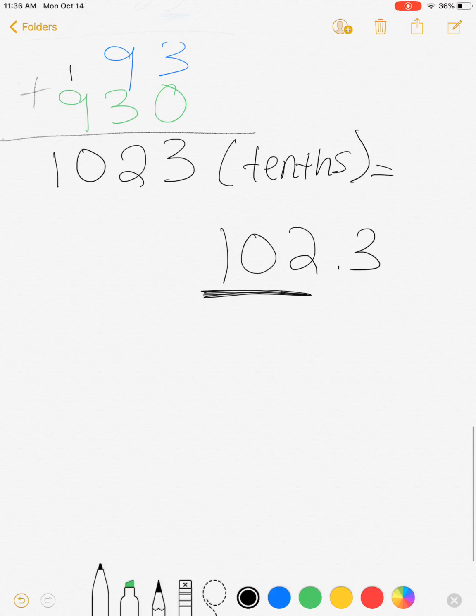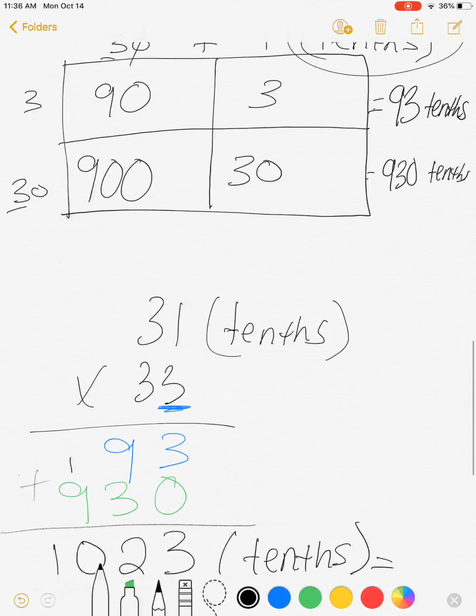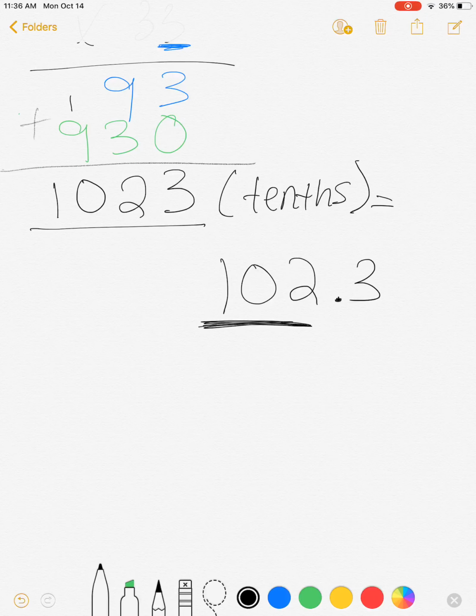If we did not put our decimal in, and we just wrote 1,023, that would not be a reasonable product when we already estimated and said that our product would be close to 90. So that's why it makes sense to have your decimal here to show tenths.